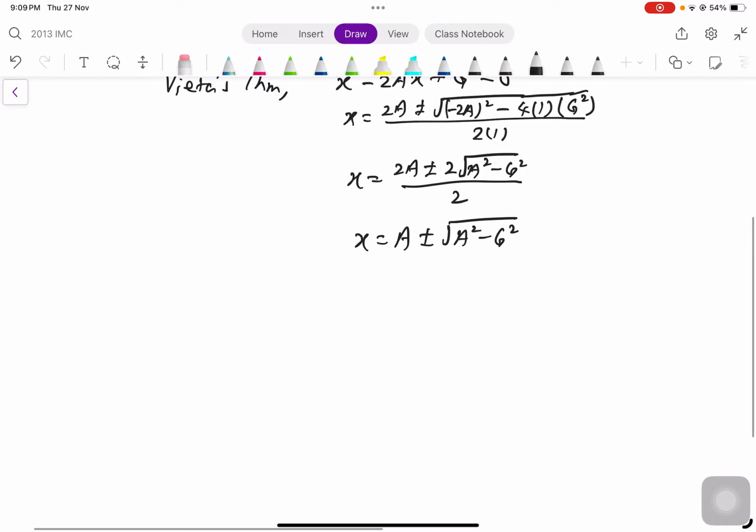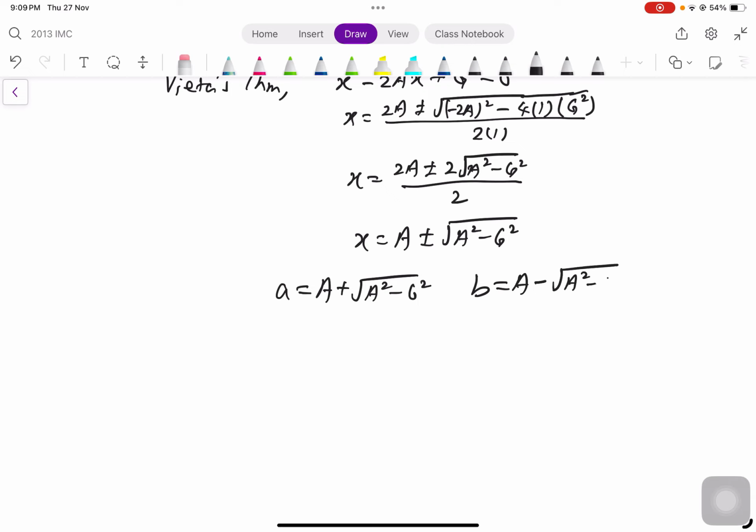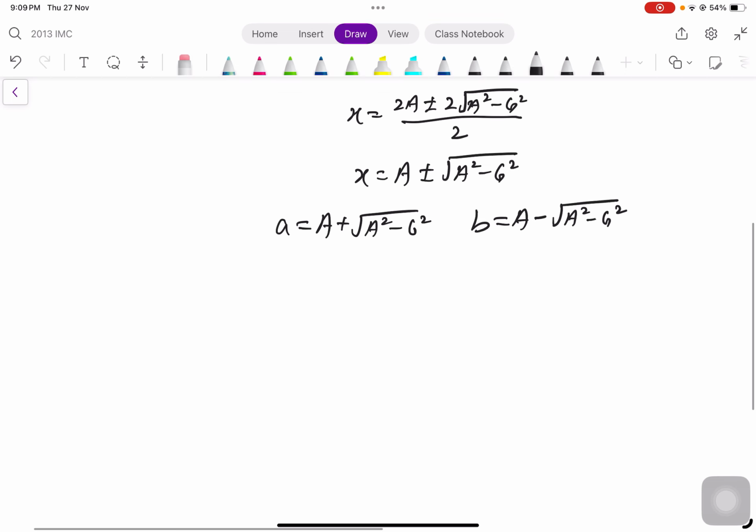You can take a to be the bigger value, a plus the square root of a squared minus g squared, and b is a minus the square root of a squared minus g squared. Then a minus b would be just equal to twice the square root of a squared minus g squared.